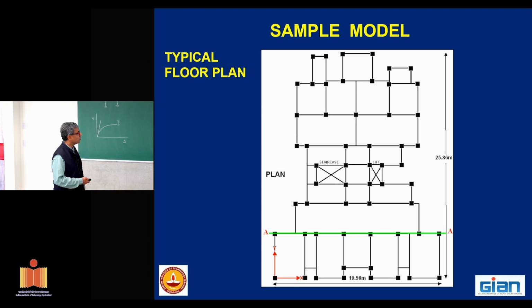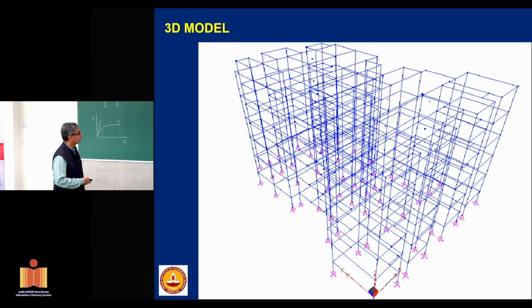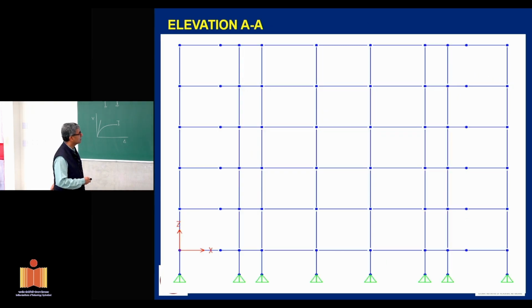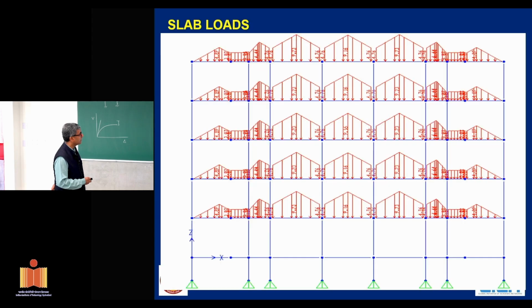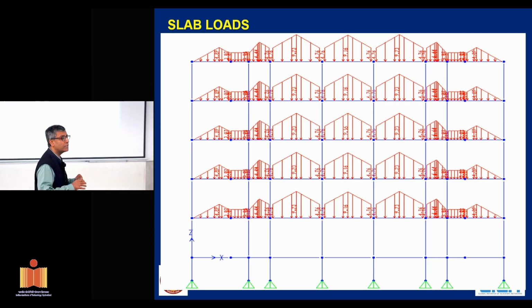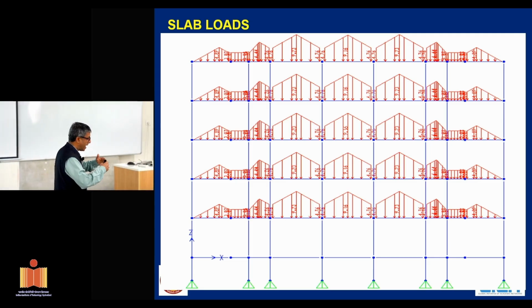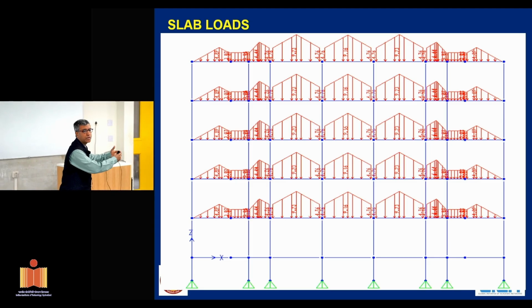I will just quickly run through a model. This is a typical residential building in our country. I'm trying to see the results along one particular frame. This is the model, as it looks in elevation. In the gravity load analysis, please note, typically we do not design the floors, or we do not model the floors. We assign the floor loads on the supporting beams.